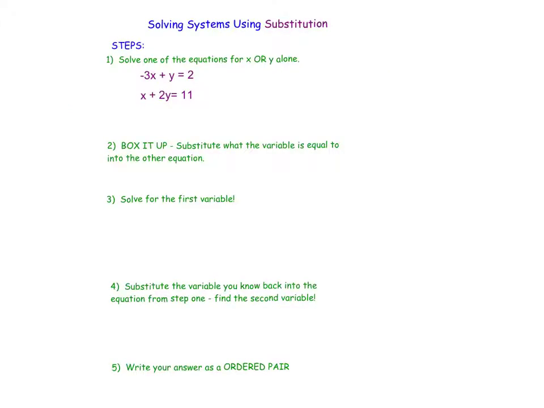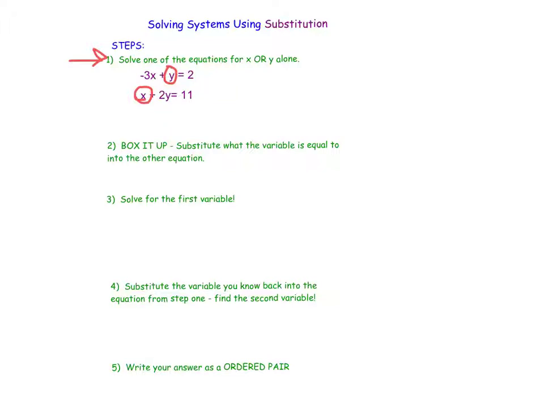Now we're going to walk through those same steps. Our first step is to solve one of the equations for x or y alone. When I look here, I notice I actually have two options. I could either solve for this y alone in one single step by adding 3x to each side, or this x alone by subtracting 2y from each side. It ultimately doesn't matter, we just need to commit to one.